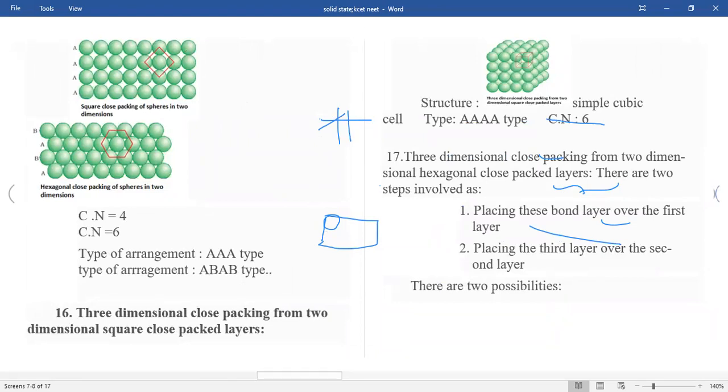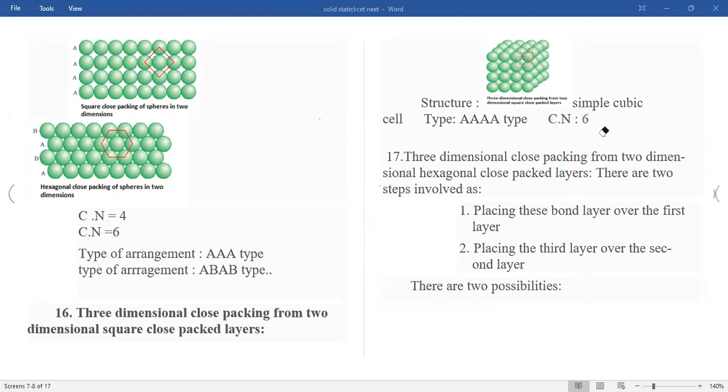Here you could see, dear students, in the case of 2 dimensional square close packing, this is the arrangement. This is square close packing of spheres in 2 dimensions. You could see how they are arranged, A type.